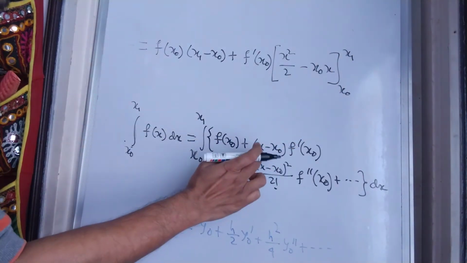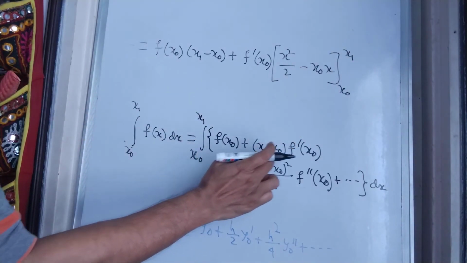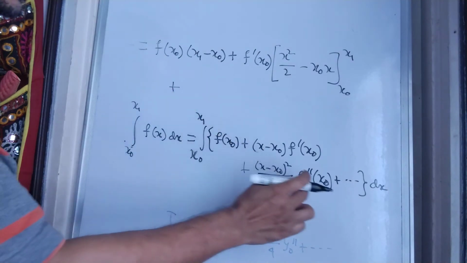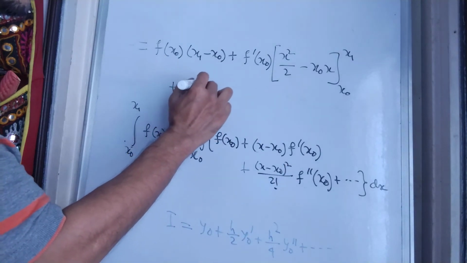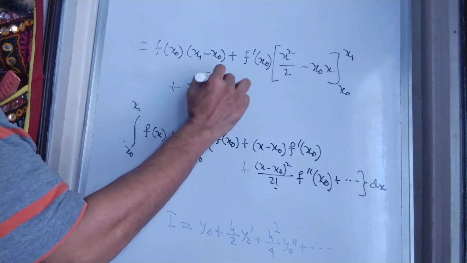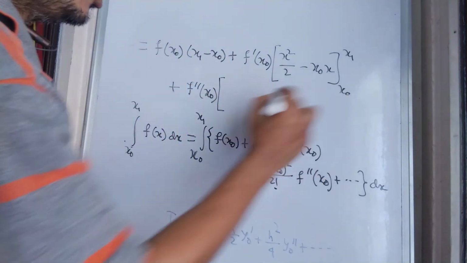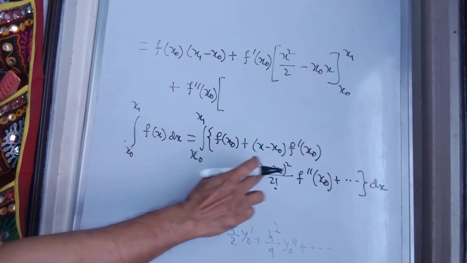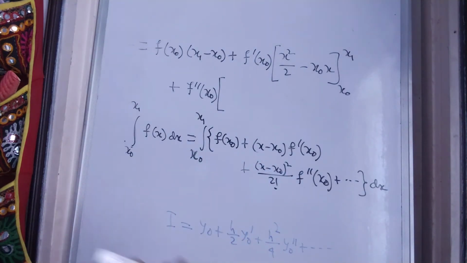Clear? If we integrate this, it becomes x square by 2 minus this. What about the third term? The third term, f double prime x0, comes out of the integral sign being constant, and then we tend to integrate this term, which is x square minus 2x x0 plus x0 square.